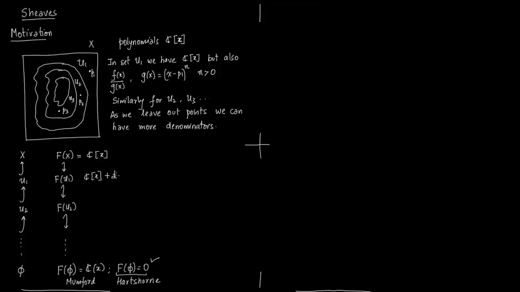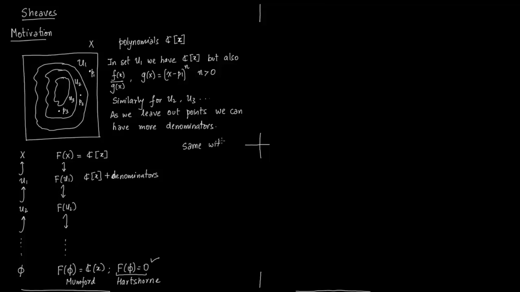So for U1 you have polynomials plus denominators (x minus p1) to the power of n and all other points which are outside U1. Similarly for U2 you have denominators which are all outside U2. So you can have x minus p1, x minus p2 and all other points which are outside U2. So you can see how we have arrow reversion.